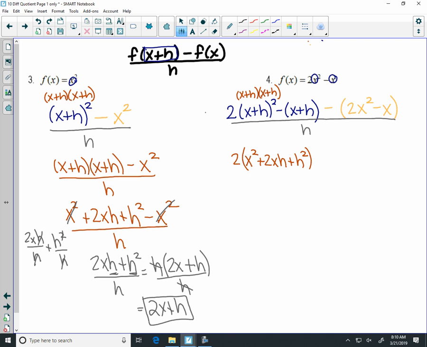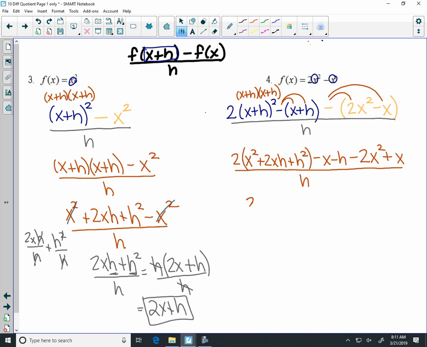So don't forget about that 2, and you need to apply it to everything there. But you also need to multiply through the negative on the negative x plus h minus x minus h, and on your 2x squared and your negative x, that's going to become positive.